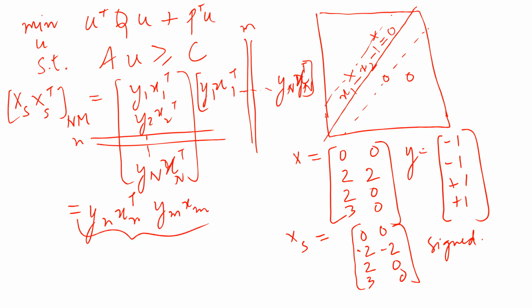And this term, by rearranging things, yn ym will come out and xn transpose xm will be denoted by gm. All right. And so basically what was this was nothing but the signed matrix, because the signed matrix is nothing but y1 x1 transpose, y2 x2 transpose, right?